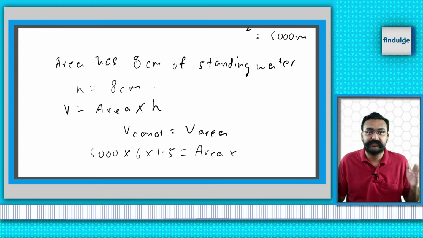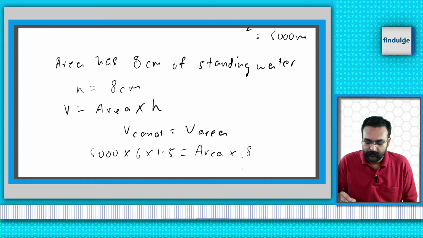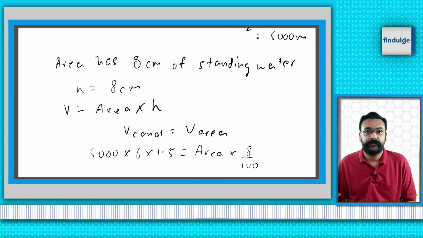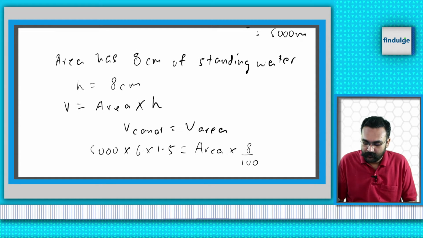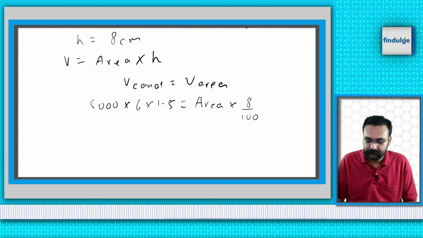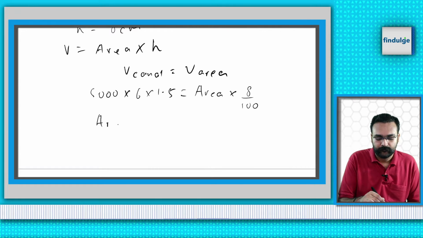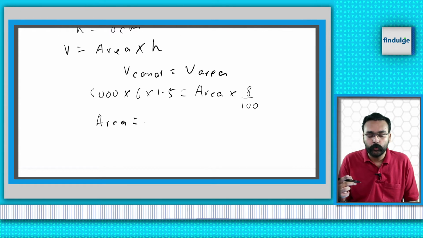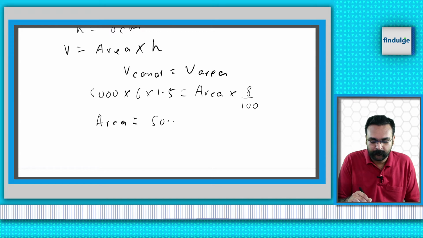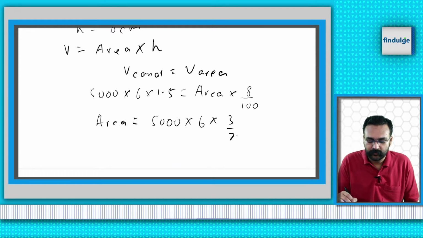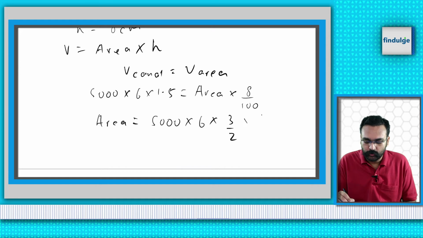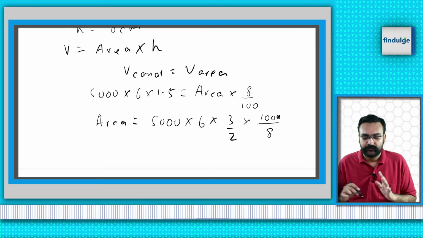Again, to keep consistent units, we will write it in terms of meters, which is of course 8 by 100. And therefore, the area is equal to 5,000 into 6 into 3 by 2 for 1.5 into 100 divided by 8, right?